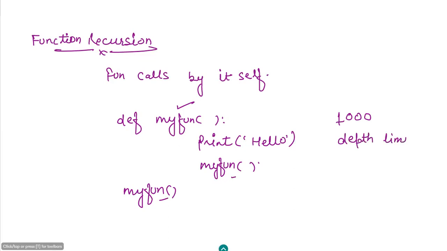The function recursively calls up to 1000 times. So this is the depth limit of the function. Python sets the maximum depth limit of the function. In that situation, the function calls 1000 times.